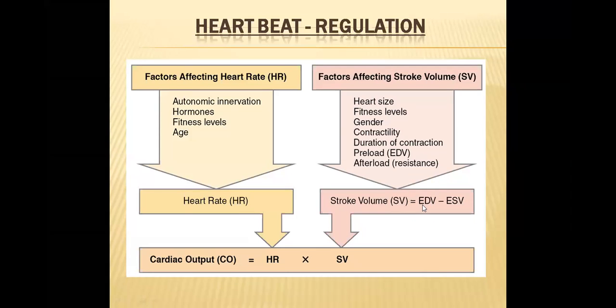During the diastole phase, what happens? Ventricles will be in a relaxed position, and right from the beginning of the diastole stage to the end of the diastole phase, throughout this phase, the ventricles will be receiving blood from the auricles.